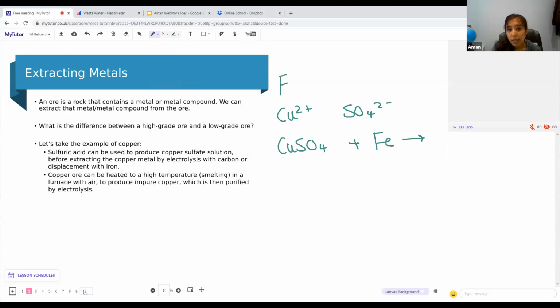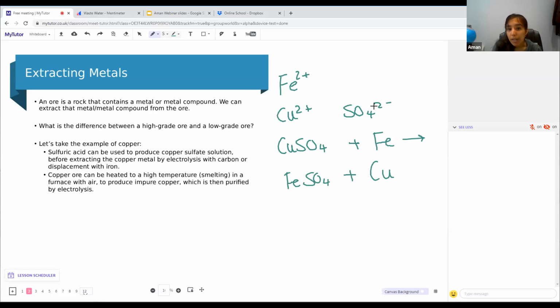In this case, the iron has a charge of Fe2+ when it's an ionic metal, and sulfate is SO4 2-, so we just get FeSO4, and then we're left with copper. So that's the displacement reaction there. It's already balanced for you, so you don't need to balance it. It's nice and easy.